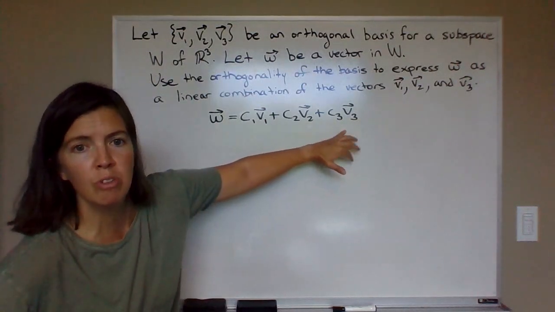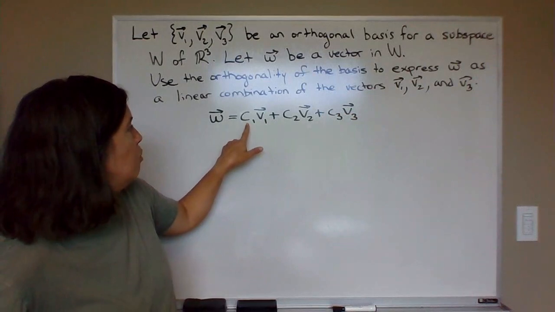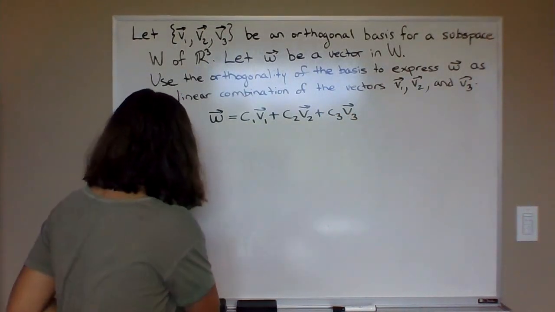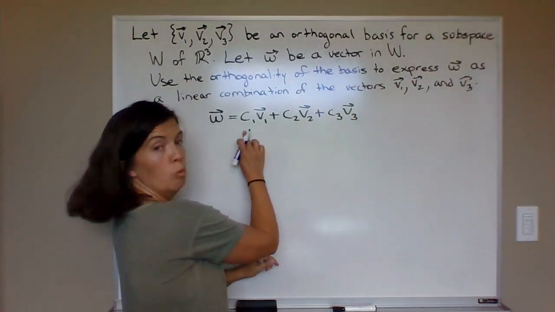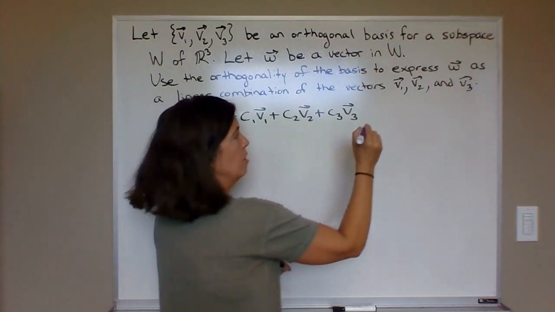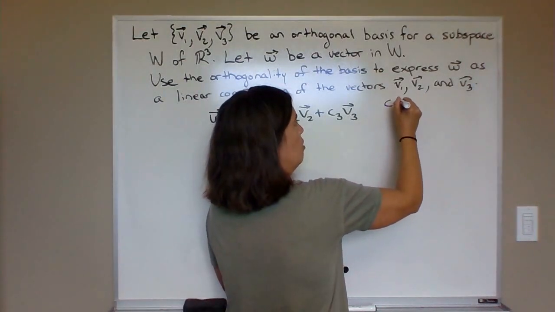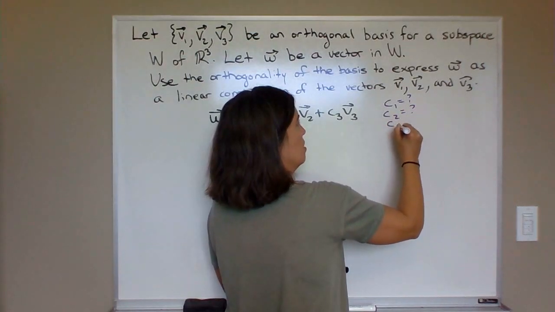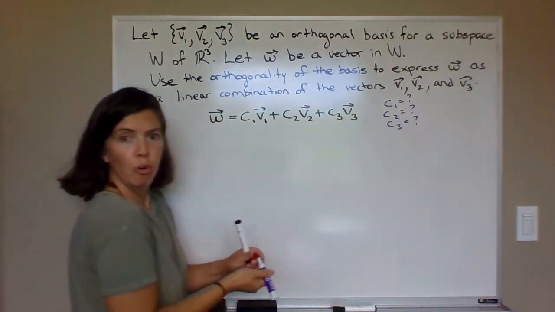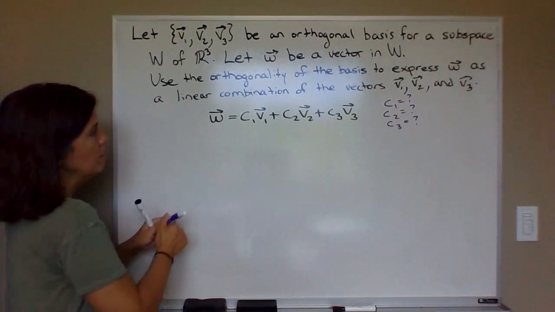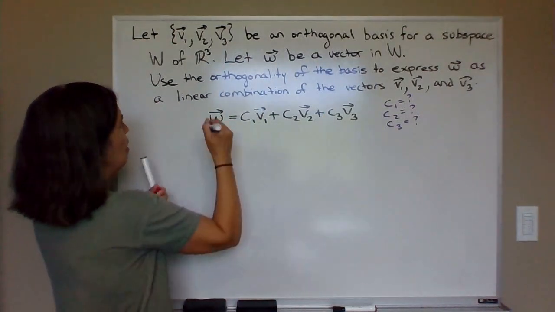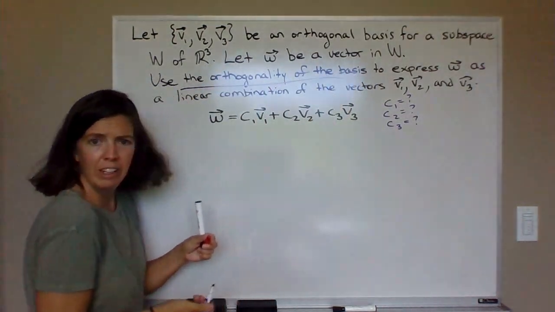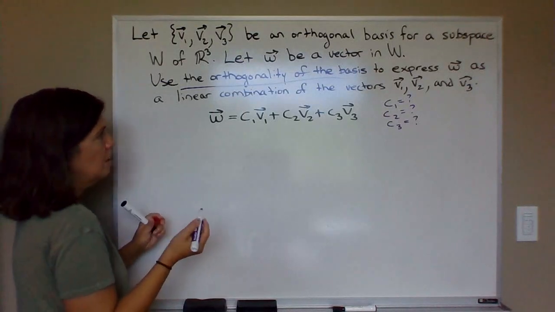So all of those vectors are known. What we need to do then is to solve for the weights of each vector in this linear combination. We want to solve for C1, C2, and C3. We need to come up with formulas for those, and we're supposed to somehow use the orthogonality of the basis to do that.